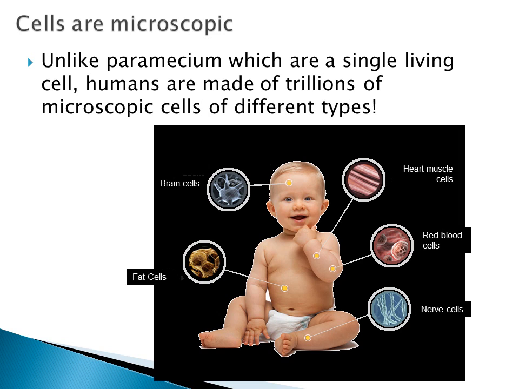Unlike a paramecium, which is a single-celled organism, humans are made of trillions of microscopic cells of many different types, from brain cells to skin cells to red blood cells. All of these different cell types perform their job and work together to make you function as a living organism. Kind of cool, and it's interesting how they all work together so well.